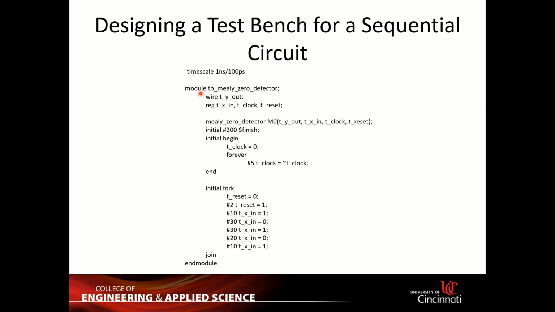You have to make some wires for output, registers for the input, and plug all of the pins together. This statement, initial #200 $finish, means you run this simulation for 200 nanoseconds.